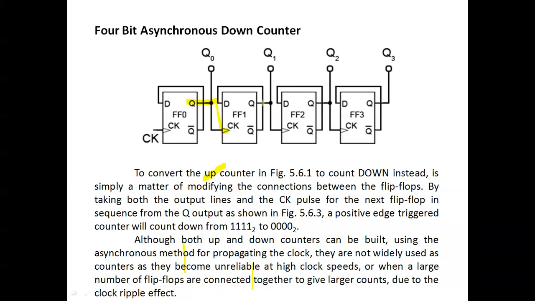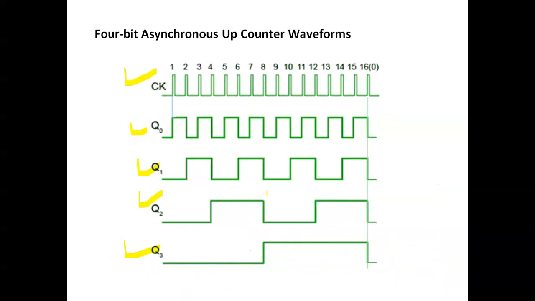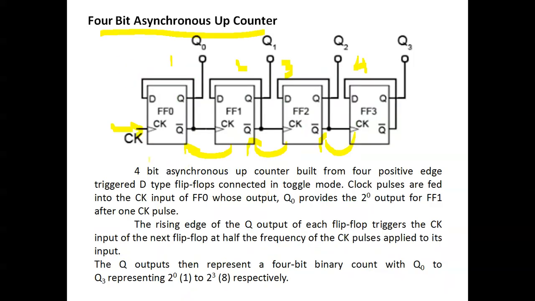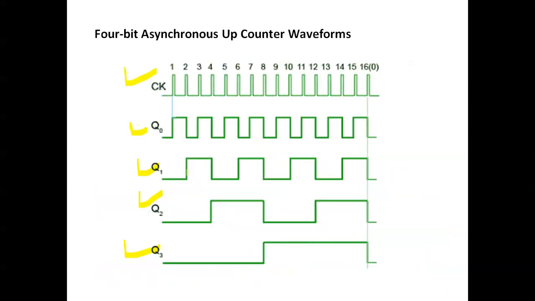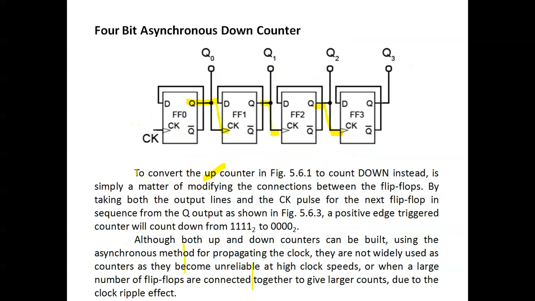So everything else is nearly the same, including the D flip-flop outputs. Only the clock is given from the normal output, and that is the down counter.